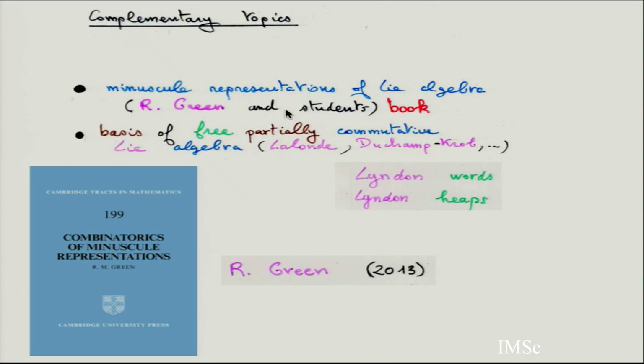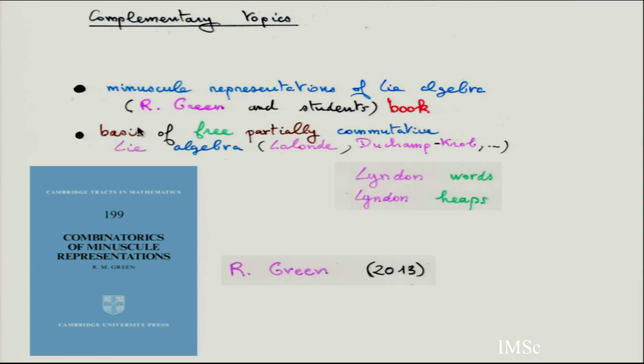This is related also to totally commutative elements in a Coxeter group, and also related to Temperley-Lieb algebras. For example, Green just published a paper this week on generalized Temperley-Lieb algebras and some more general Dynkin diagrams. You see, the basis of such Temperley-Lieb algebras is again described with heaps of some pieces on the Dynkin diagram.